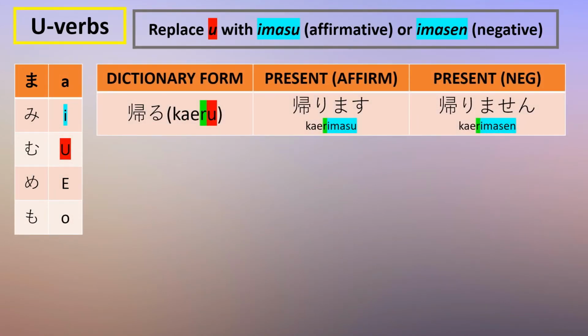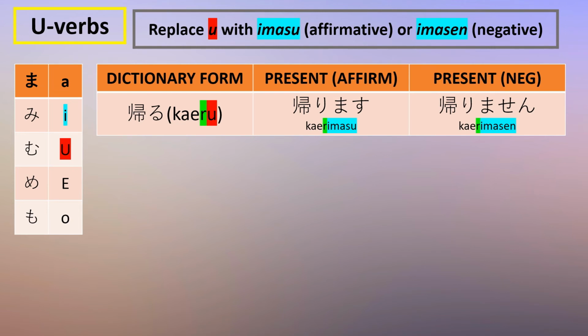Then we have kaeru. Again, although it ends with ru, it is actually an u-verb. So kaeru follows the conjugation rule on u-verbs. Here, we remove u.